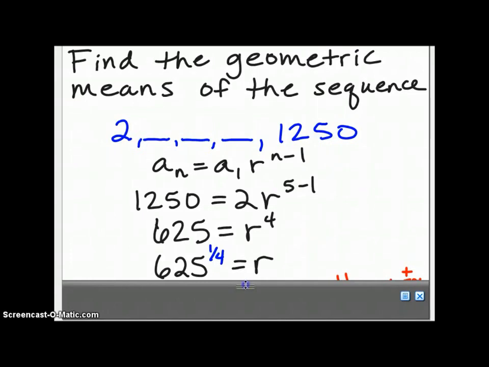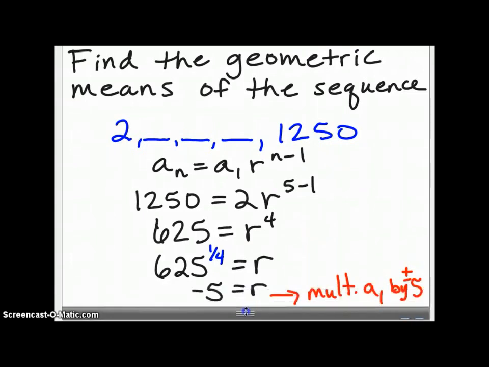Now, you've got some fantastic handy dandy calculators. You could also think of, what do I multiply 4 times to get 625? That would be 5. This should say a positive and negative 5. A little mistake there. Why do I have a positive and negative 5?